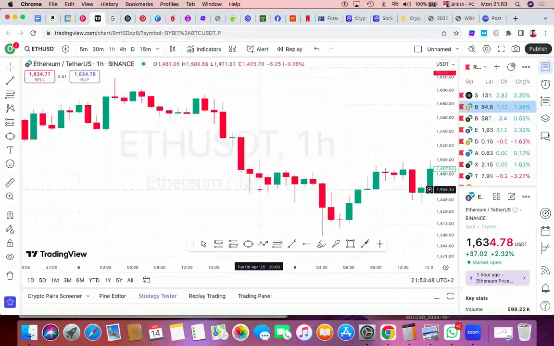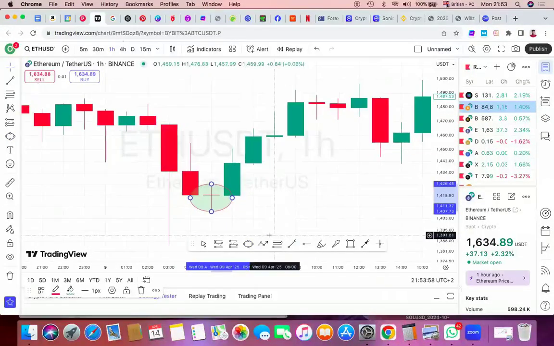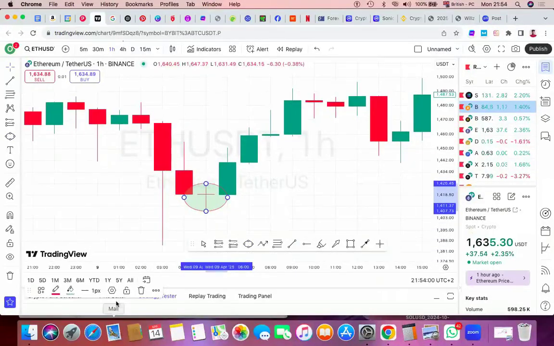An example of a doji is this. You can see this is a doji, and afterwards what you see is a bullish move.